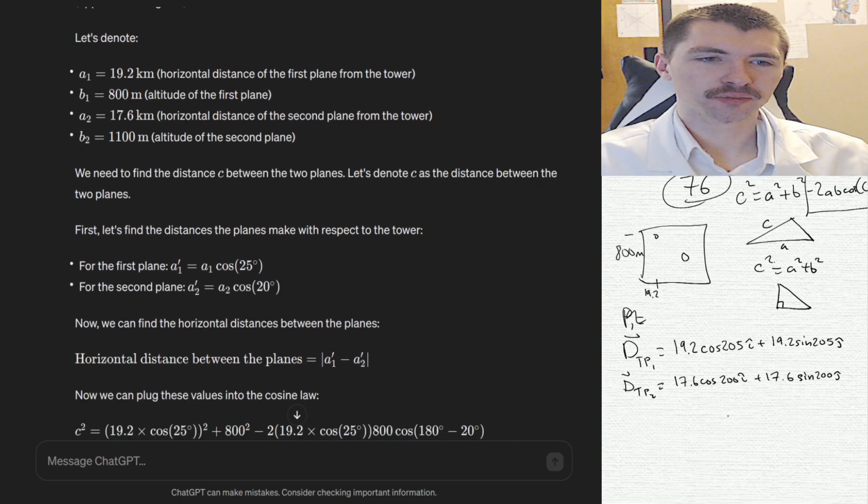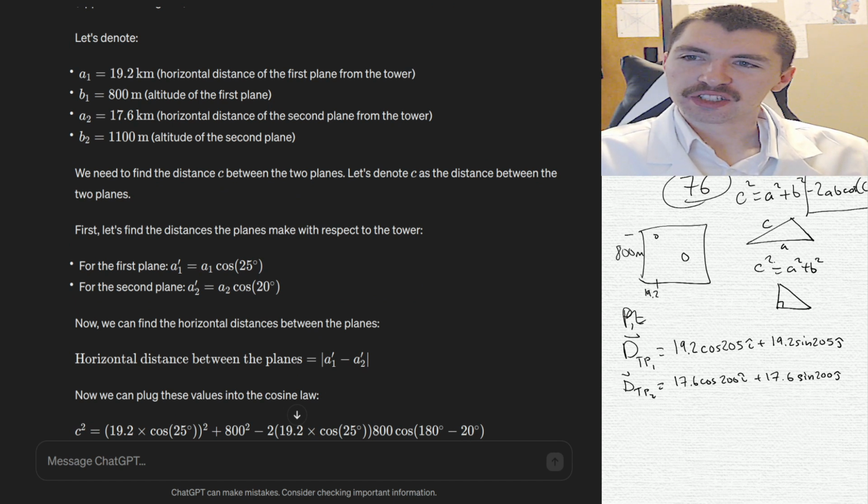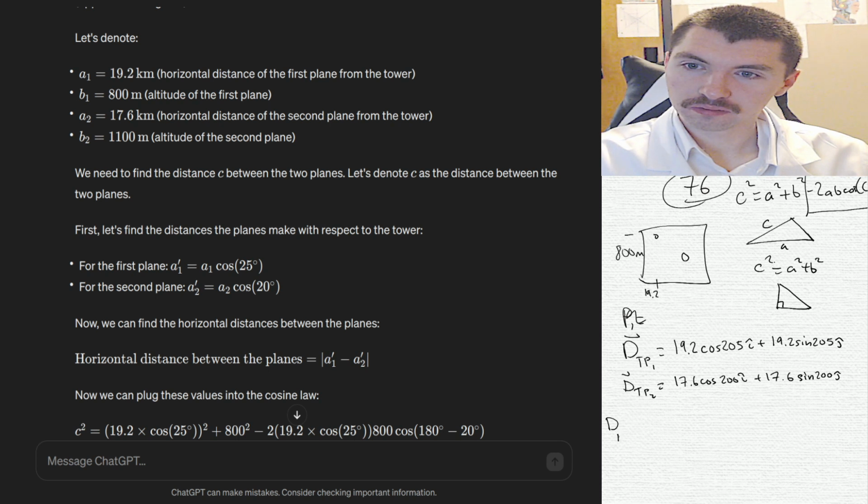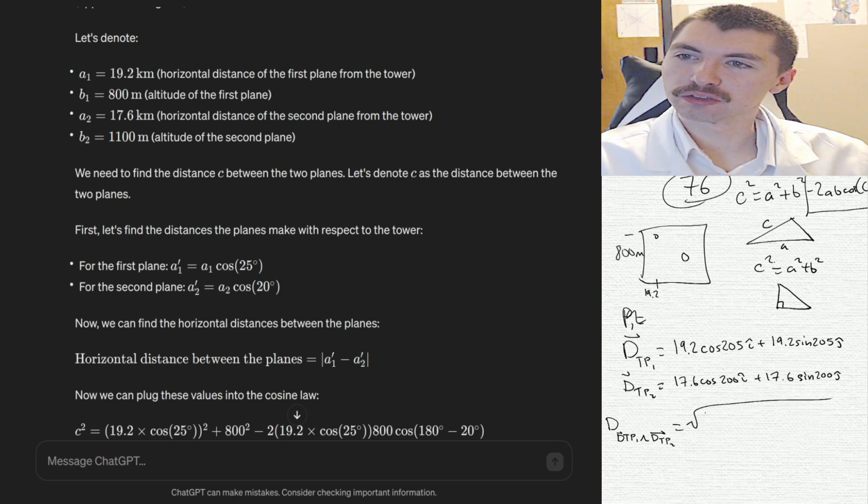Okay, so what's the distance between these two? The distance between these two vectors is the square root of x2, so it's going to be this minus that.